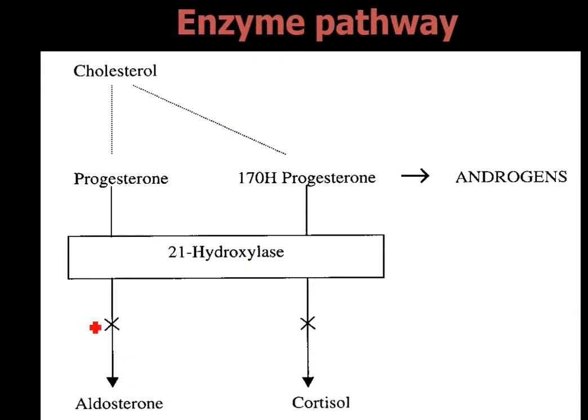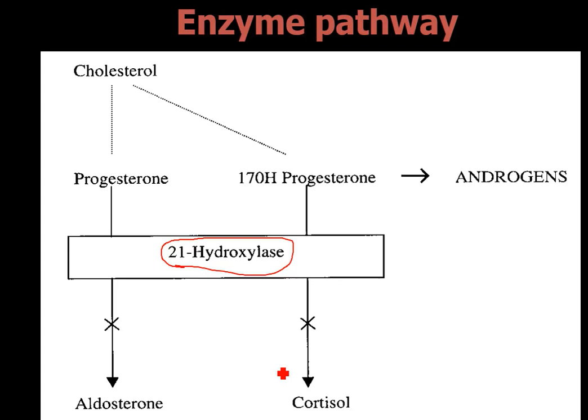This diagram shows the metabolism of cholesterol. Cholesterol is metabolized either to progesterone or to 17-hydroxyprogesterone, and progesterone is hydroxylated by 21 hydroxylase to aldosterone, and 21 hydroxylase also hydroxylates 17-hydroxyprogesterone to cortisol.